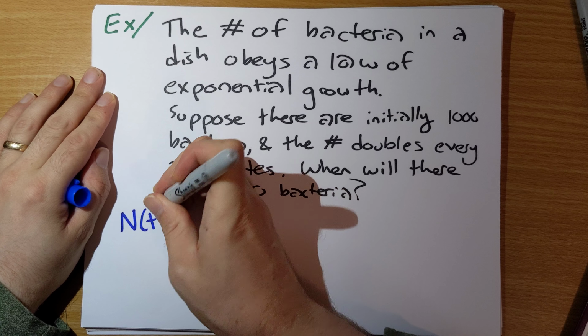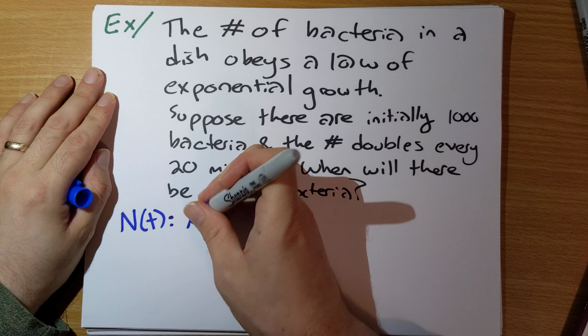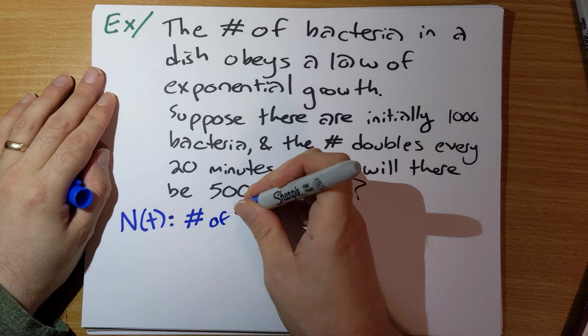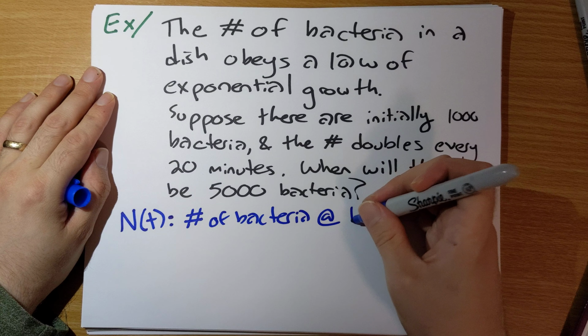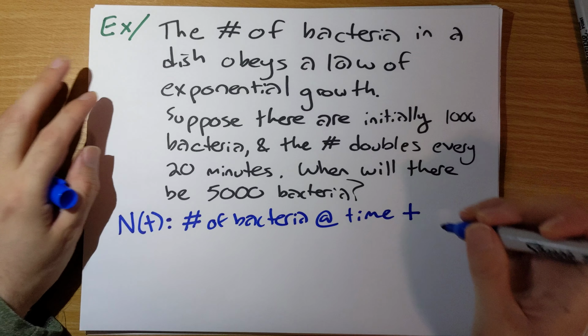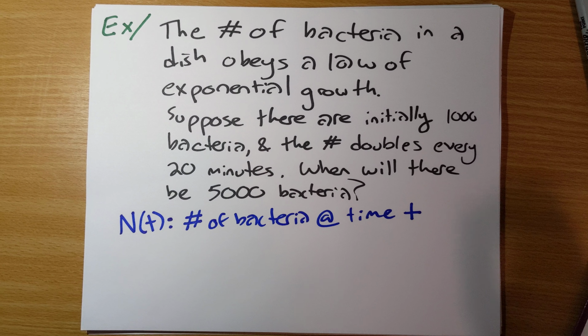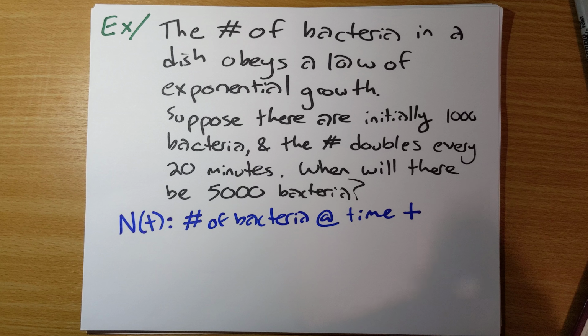So suppose that we set N of t to be the number of bacteria at time t. An important thing here is that we have to make a decision right now whether we want to measure t in seconds, in minutes, in hours.